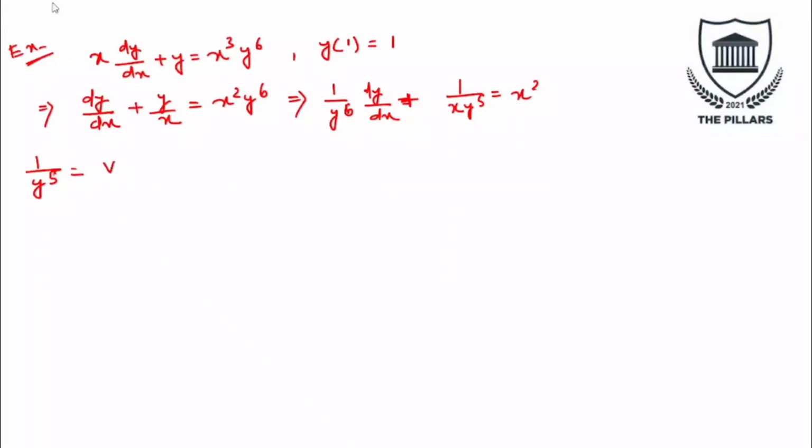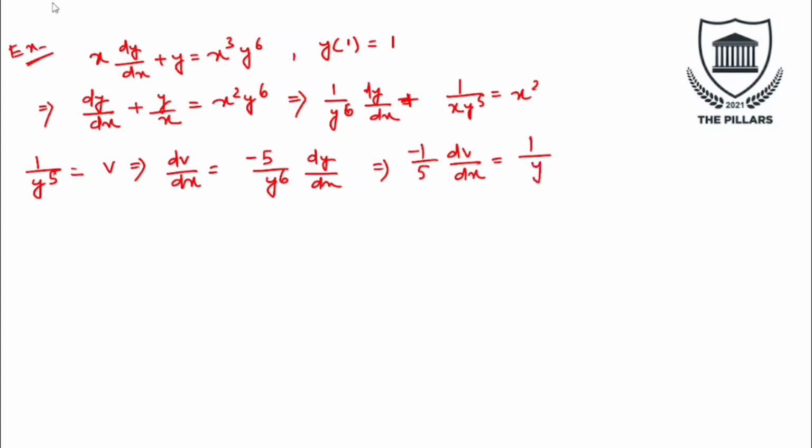as v, and after differentiating this we will get dv by dx is equal to minus 5 by y to the power 6 dy by dx. Then we will get minus 1 by 5 dv by dx is equal to 1 by y to the power 6 dy by dx.